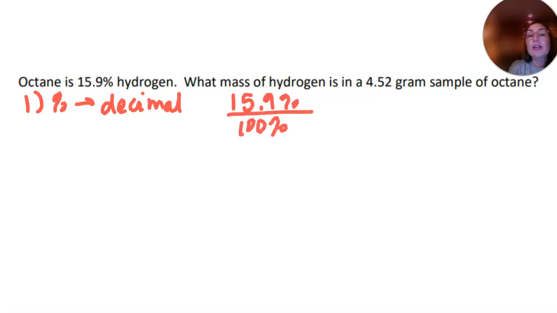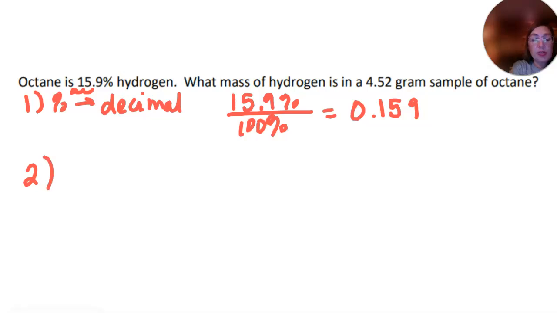That very last step before was to multiply by 100% to get a percentage; going back to decimal form is the opposite, so you divide by 100%. You get 0.159. Some people see that as just moving the decimal two places to the left. Okay, so now we're in decimal form.